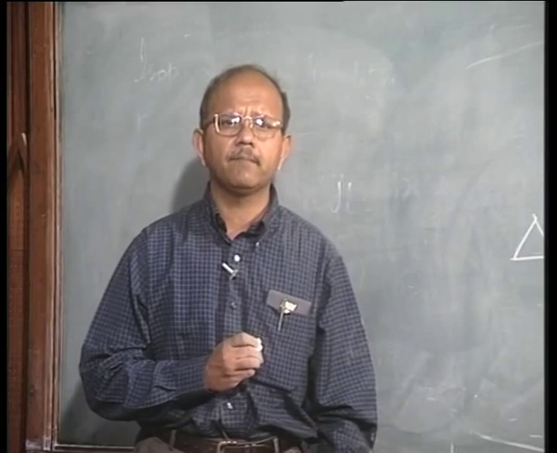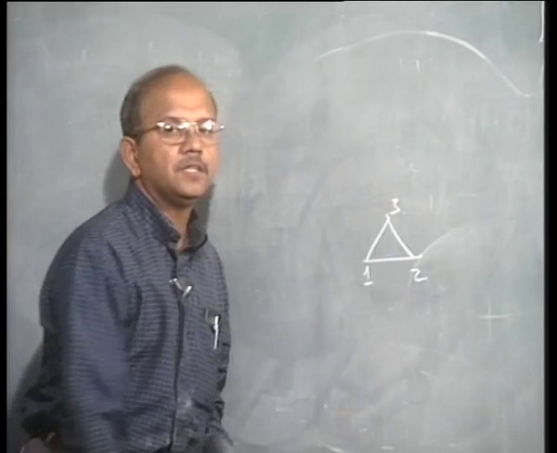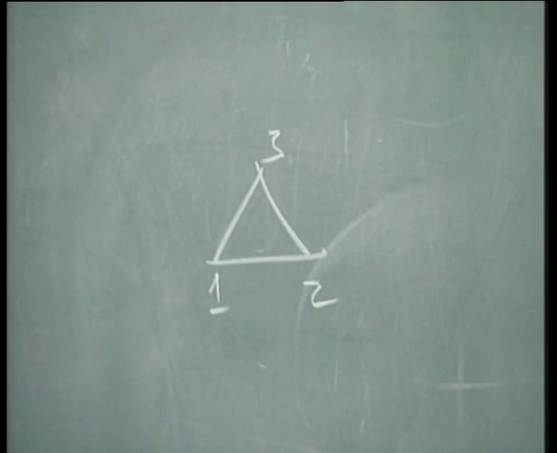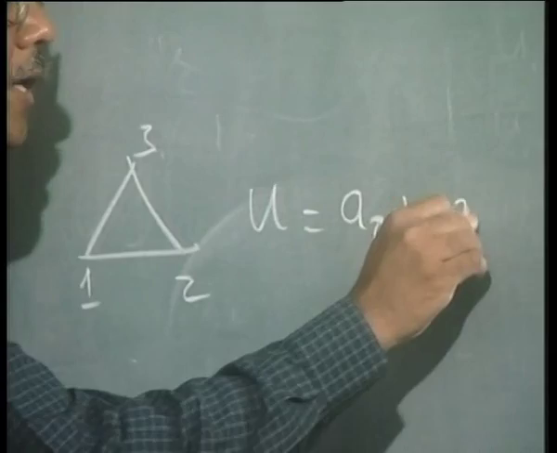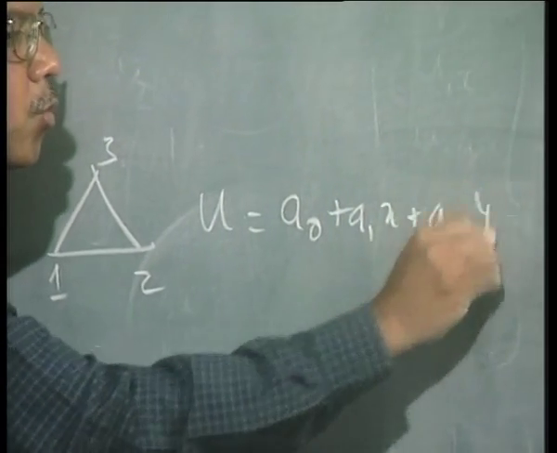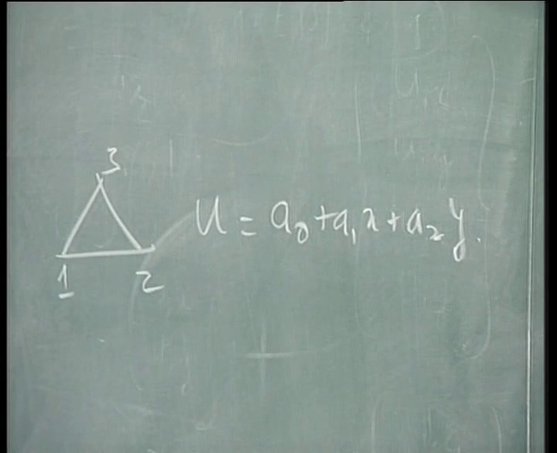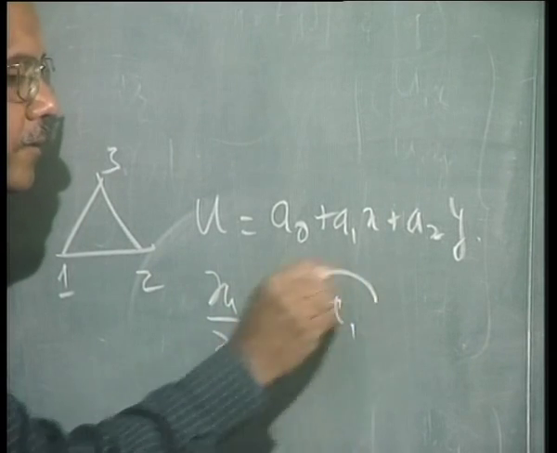Let us say that we call these three nodes 1, 2 and 3. So what did we say? We said displacement can be written as a0 plus a1 x plus a2 y. If you want to calculate dou u by dou x, what do we get? a1.